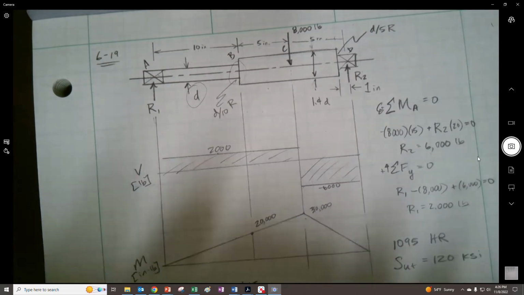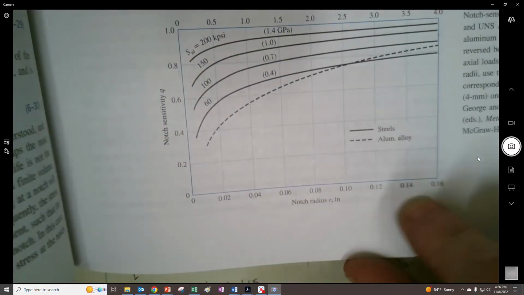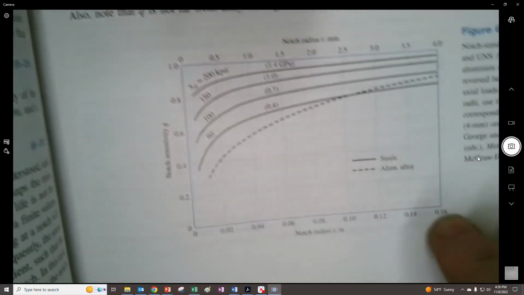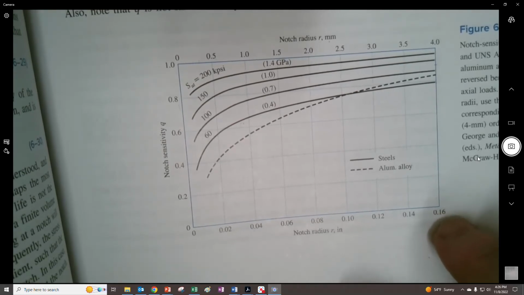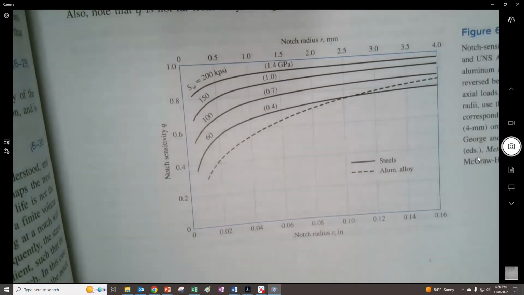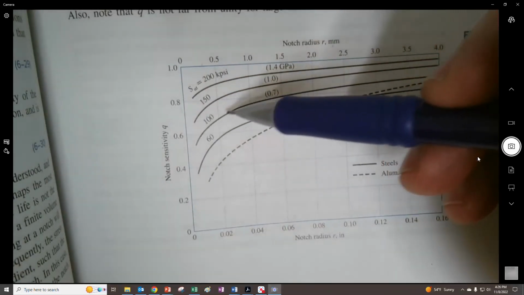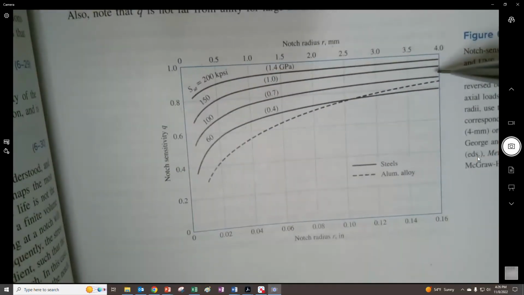That would be pretty large. That D over 10 is a pretty big fillet radius. So let's just pick out the big one, right? We have 120 KSI, so it's somewhere in between here. So I'm going to say that we have like a 0.85, maybe.